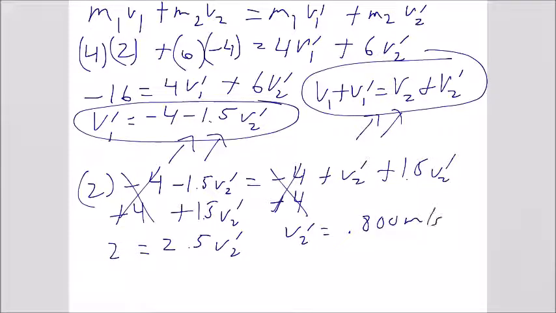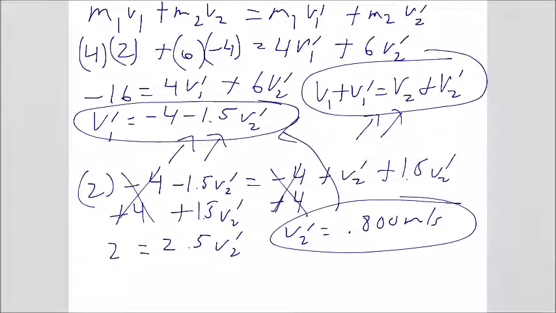And that's positive 0.8. Now we can take that v2 prime and plug it into any of our equations up top. The easiest one would be this one. And we can solve for v1 prime. So v1 prime is going to be equal to negative 4 minus 1.5 times 0.8.